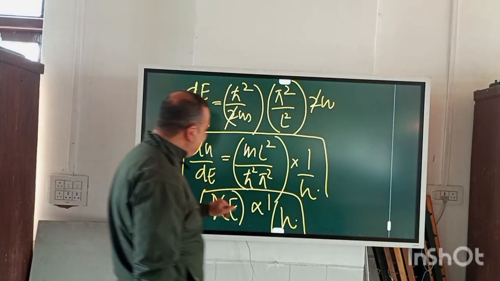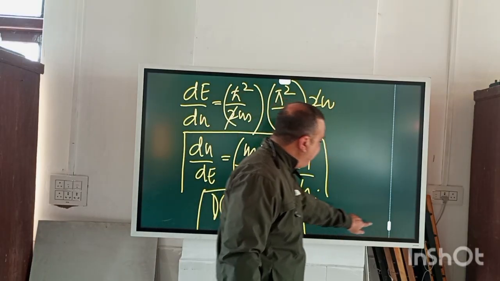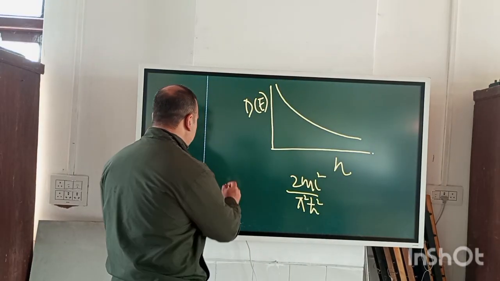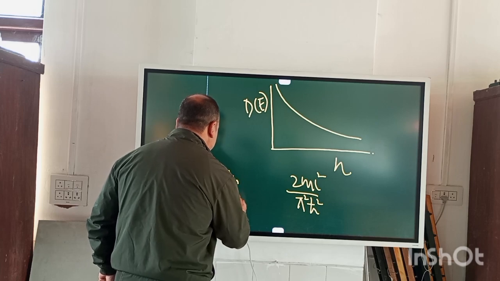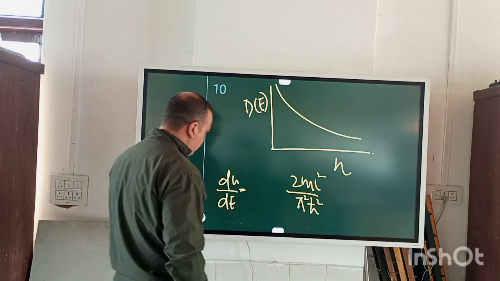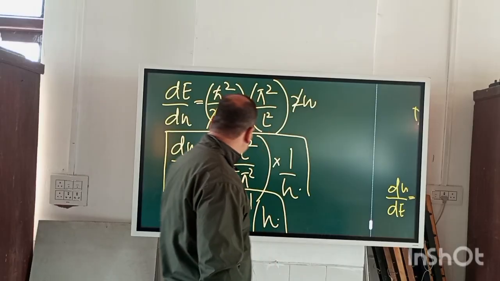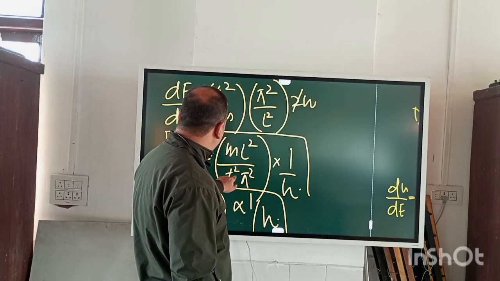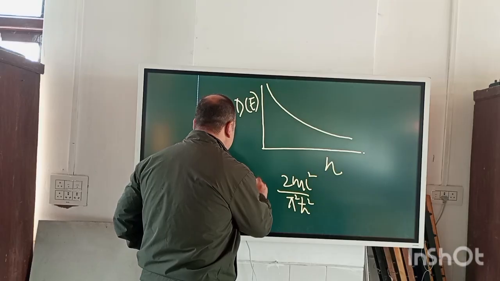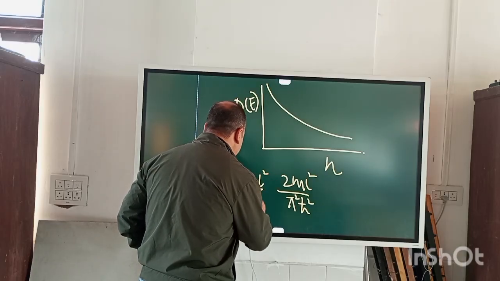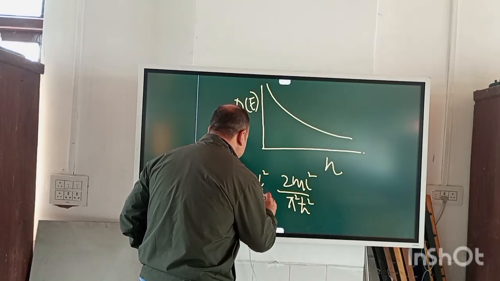So dn by dE, I can write down here, dn by dE will be equal to mL square by h bar square pi square.